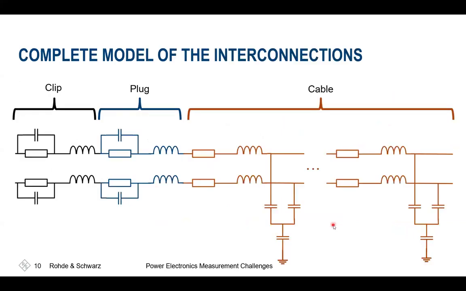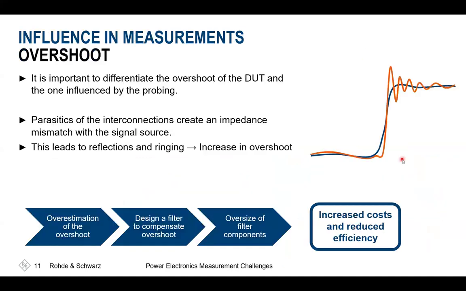Overall, we're putting together a complex circuit which will consist of these different equivalent circuit diagrams, and thus at the end influence our desired measured step. The ideal step is drawn in blue, and most likely you'll see something like this on your screen.